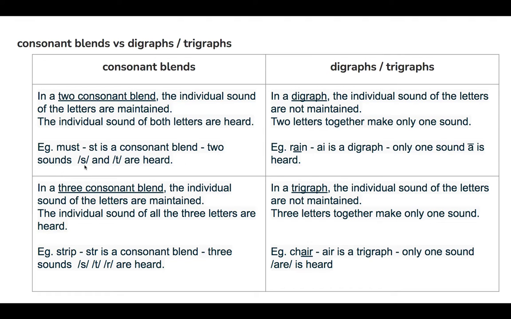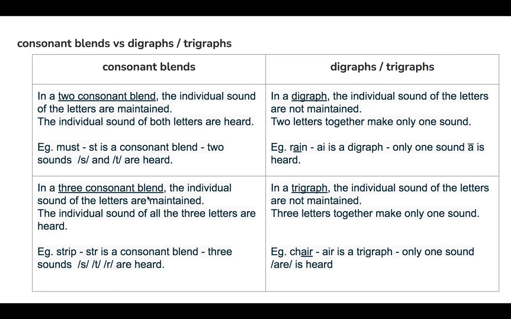Two sounds, s and t, are heard when you say the word must. Whereas in a digraph, two letters together make only one sound. For example, rain. Here ai is a digraph, but only one sound, a, is heard.